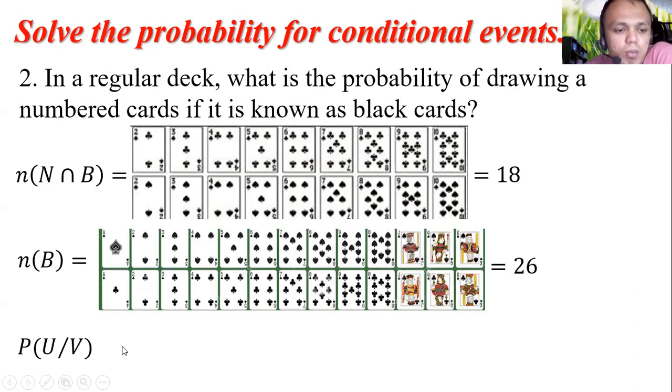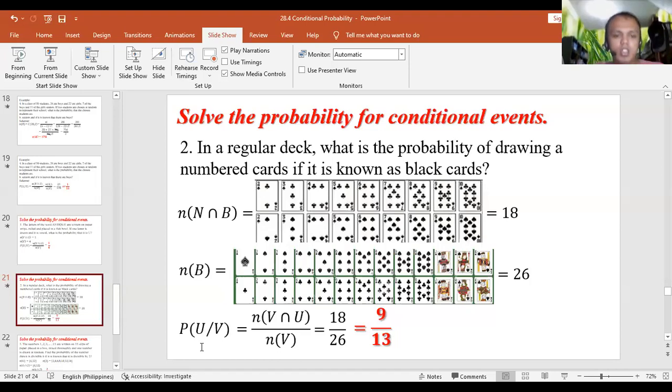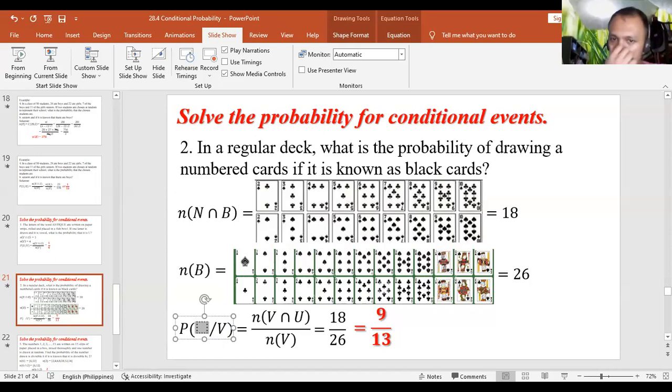Now, for the additional probability, wait, ayusin ko. That is numbered cards natin. That is 10 over by B. Okay?